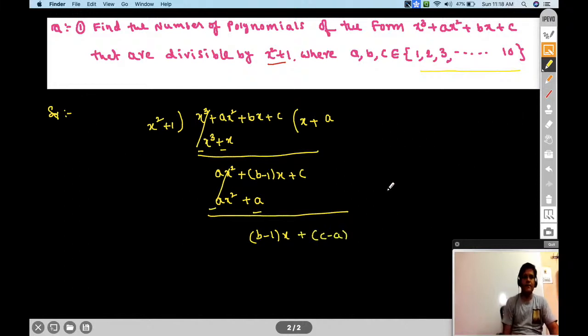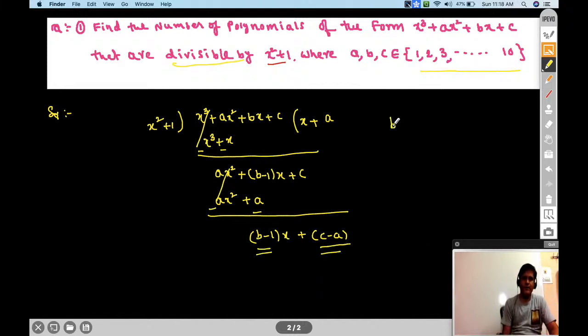And in the question it is given that this polynomial is divisible by x square plus 1. Divisible means the remainder is 0. When the remainder becomes 0, this c minus a must become 0 and this b minus 1 must become 0 simultaneously.